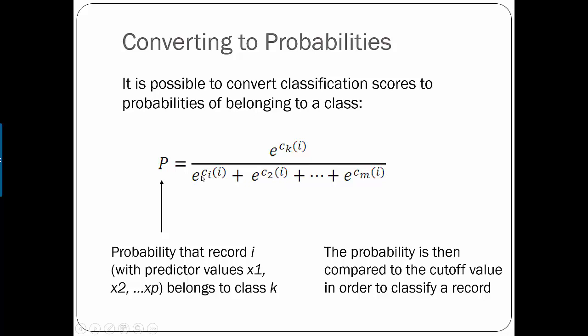Then you take each discriminant value and apply it in this formula. So e to the power of the first discriminant value, e to the power of the second one, and so on through the m classes, and add them up, and that goes in the denominator. Then you put the individual discriminant score in the numerator, and that will give you the probability of that particular class.